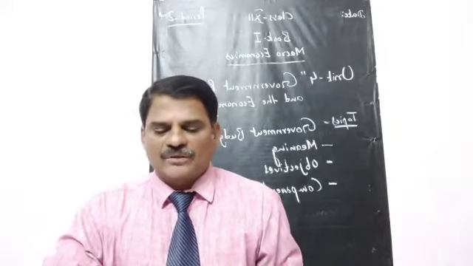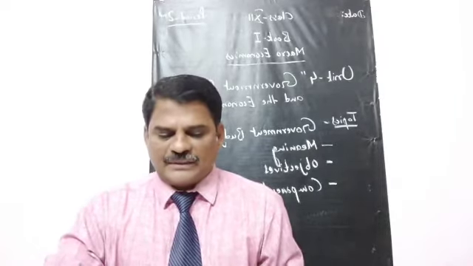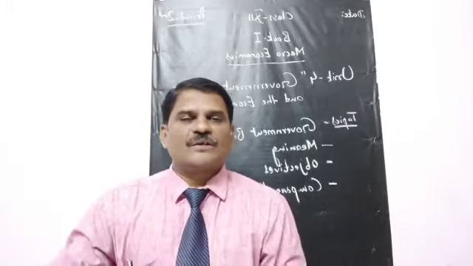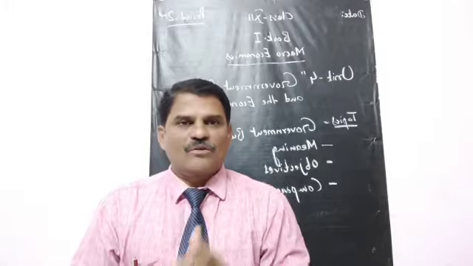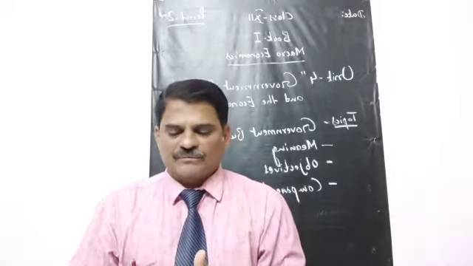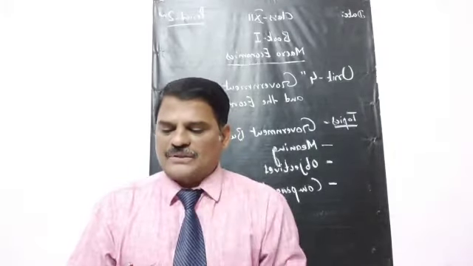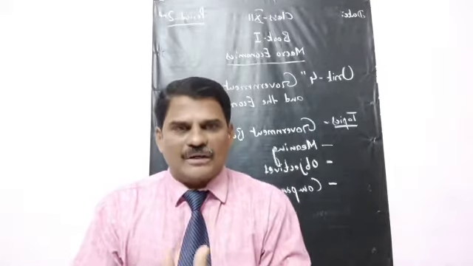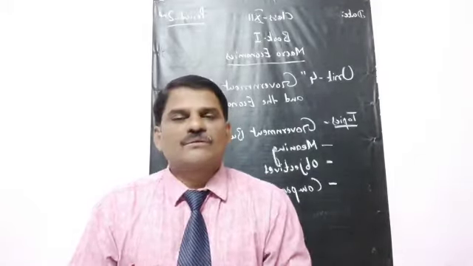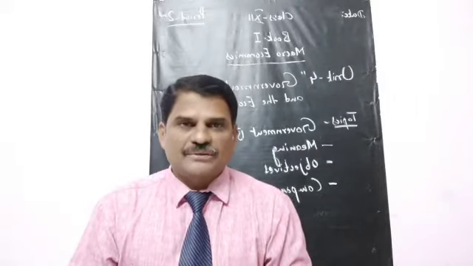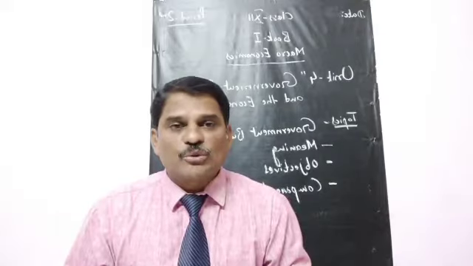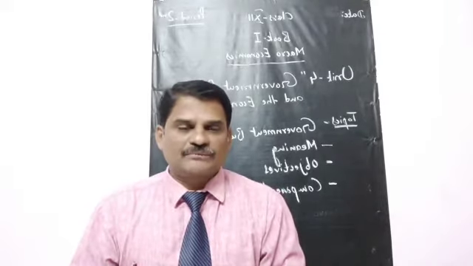At the same time, the last one is budgetary deficit, which covers primary deficit, fiscal deficit and revenue deficit. So all these deficits are covered under budget deficit. These are the topics which you are going to read in this unit.